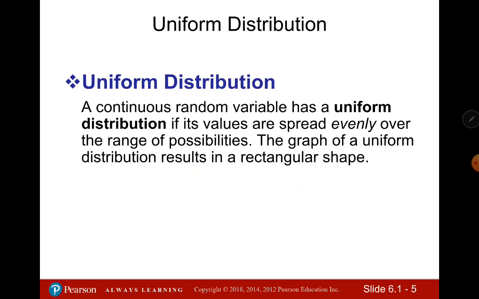Before we talk about the normal distribution, we first check another continuous distribution called the uniform distribution. But why should we learn this special distribution? Because this one will help us understand the relationship between the area under the curve and the corresponding probability.